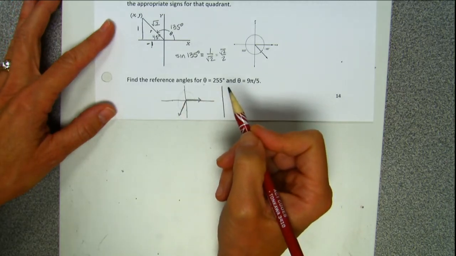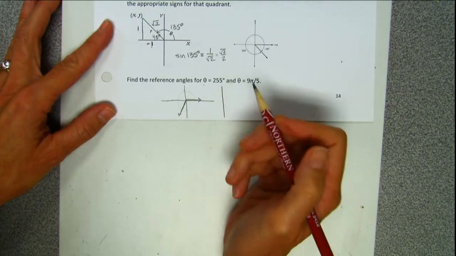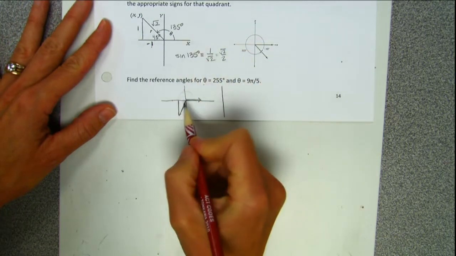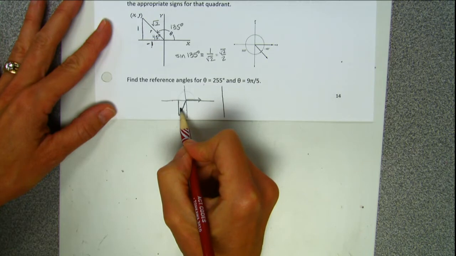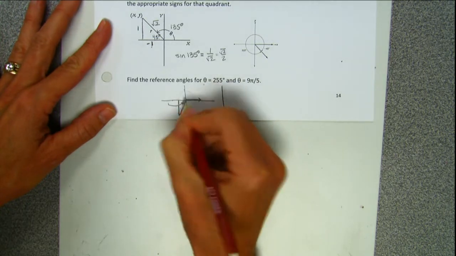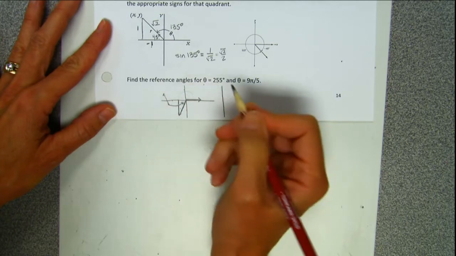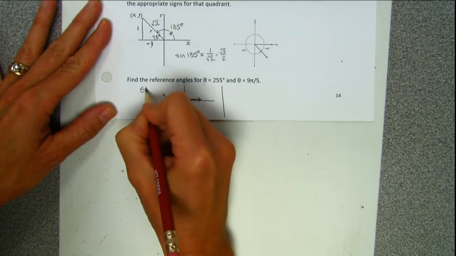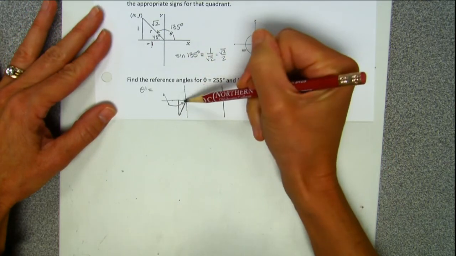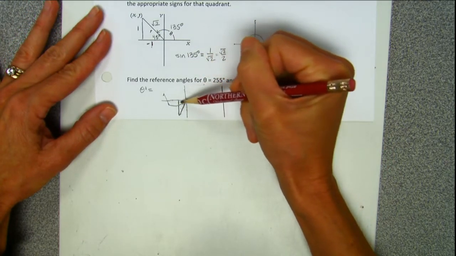But I can turn this into a right triangle using a reference angle, dropping to the x-axis. This becomes my reference angle right here. And the size of that reference angle, theta prime, is, well, if it's 255, isn't 180 out to here?